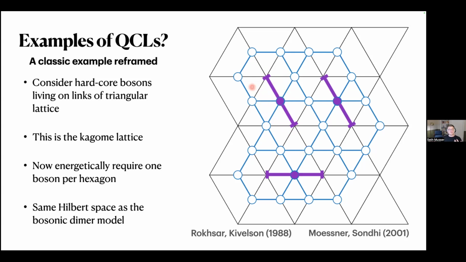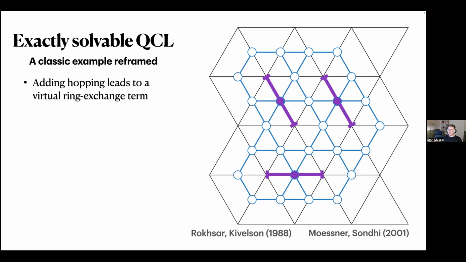So it's just a convenient picture for us to think about dimers. Okay, so it's the same Hilbert space as the bosonic dimer model, and thus it's not at all surprising if we add a hopping here, we'll get some ring exchange term, just like in the dimer model.